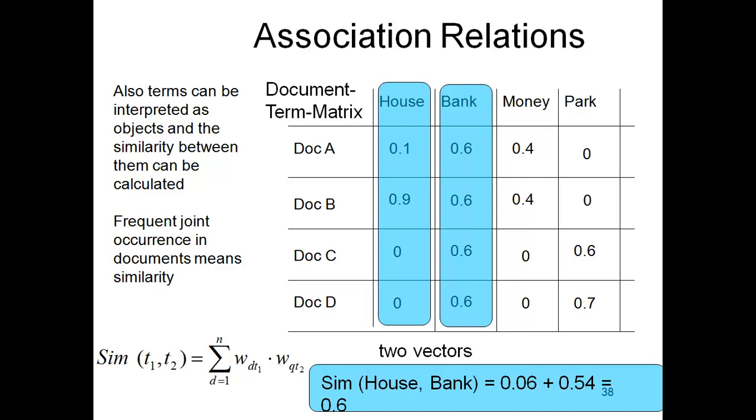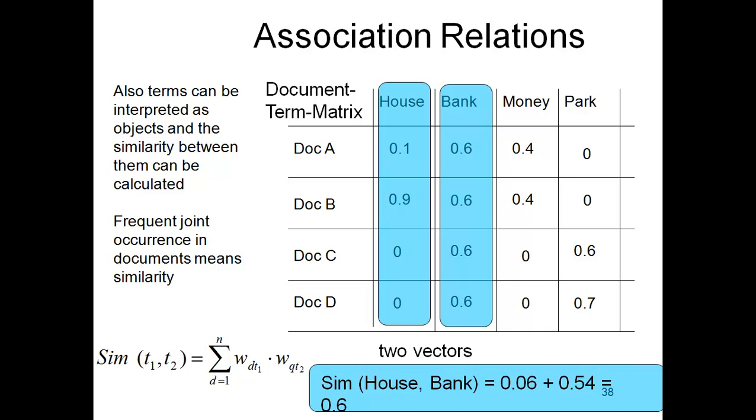So we can have exactly the same similarity matrix applied to columns, and that means we can have a similarity matrix between all the terms. That means frequent joint occurrence means similarity.